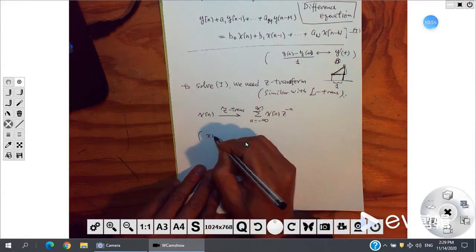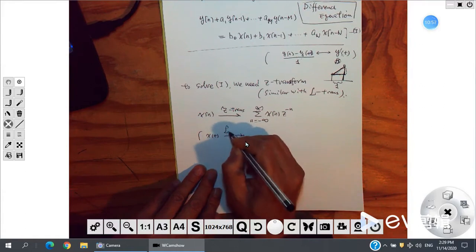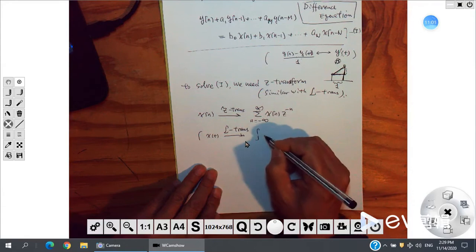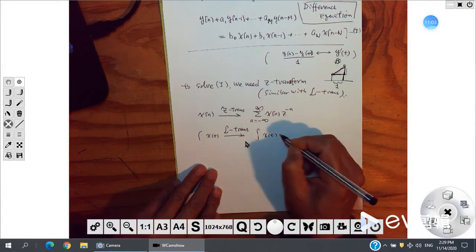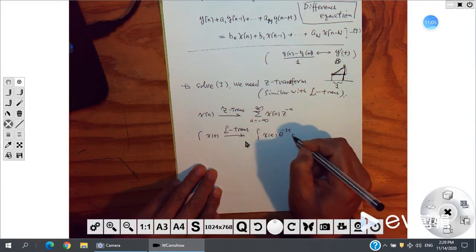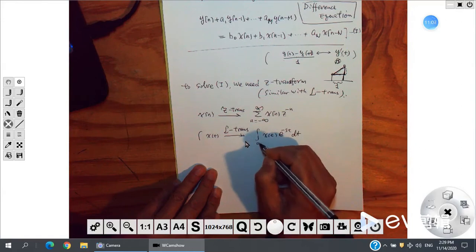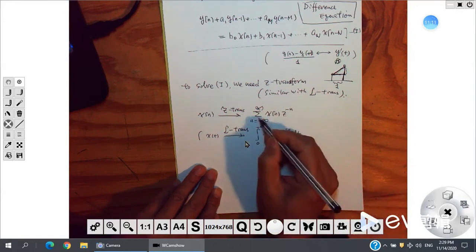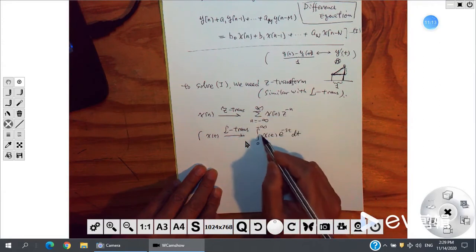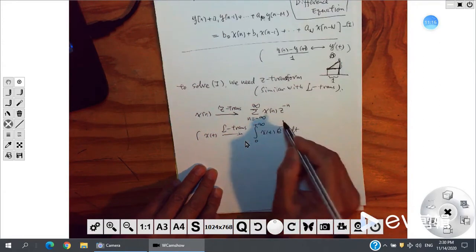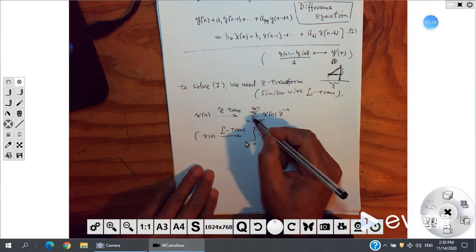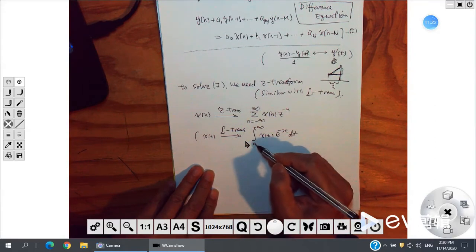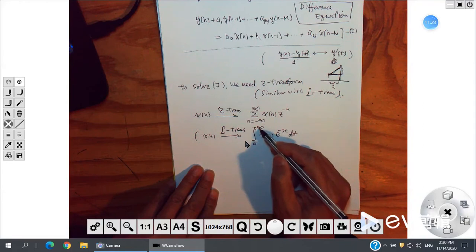For x of t, the Laplace transform is the integral of x of t times e to the negative st dt, with t running from 0 to infinity. So you see, this is a summation and this is an integral. Of course, it's different. This summation runs from negative to positive infinity, while this integral just runs from 0 to infinity. That is one difference.